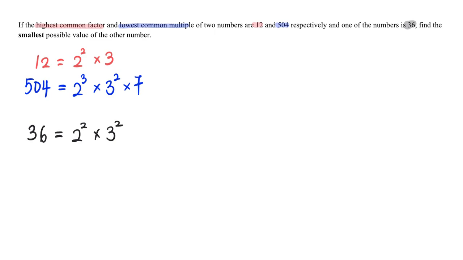And we are ready to try and guess intelligently the smallest possible value. So I will have 36 as 2 power 2 times 3 power 2. And we'll also have the other number, which must be the smallest possible number.